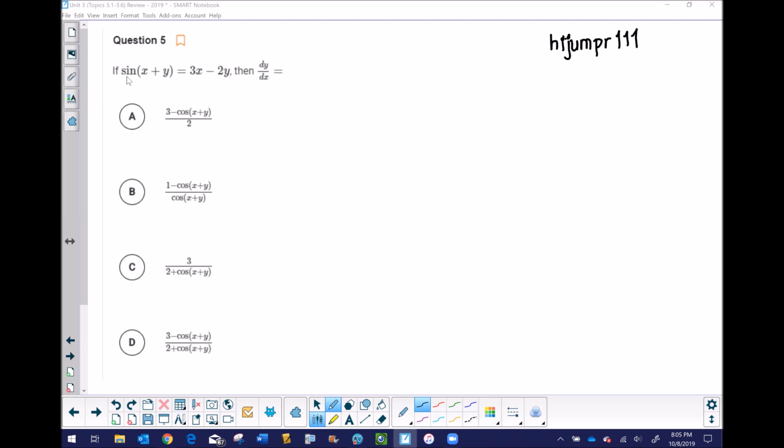All right, so for this particular problem, we are going to take the derivative of both sides. And the derivative of sine is going to be a cosine, of course, of x plus y. And then we multiply this by the derivative of what's inside, and the derivative of what's inside is 1 plus dy over dx.